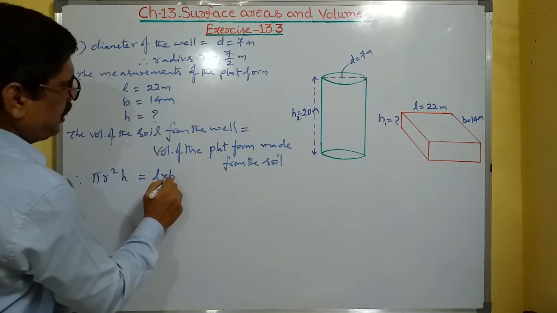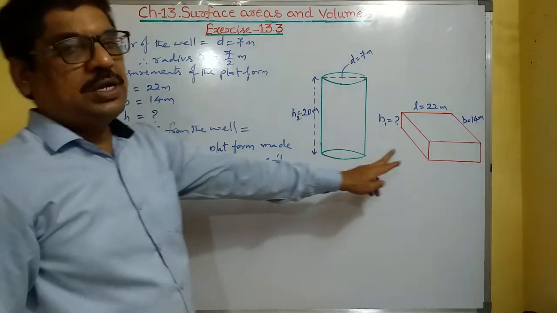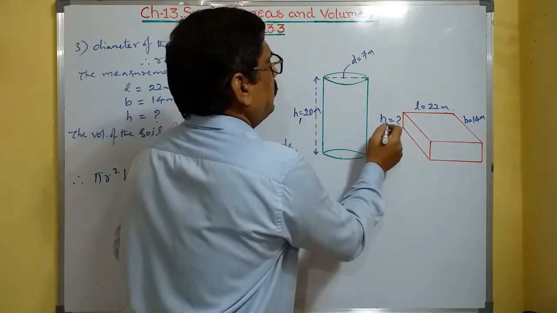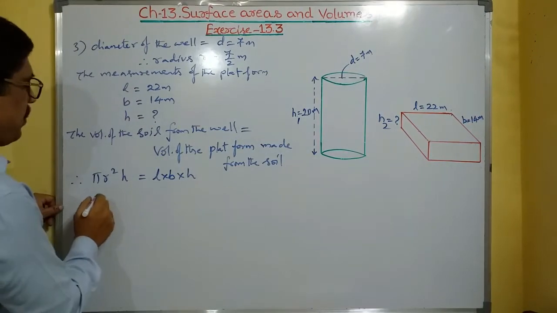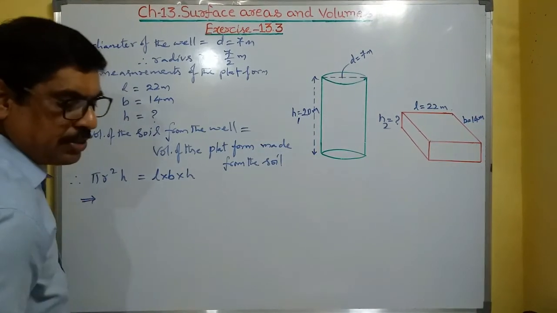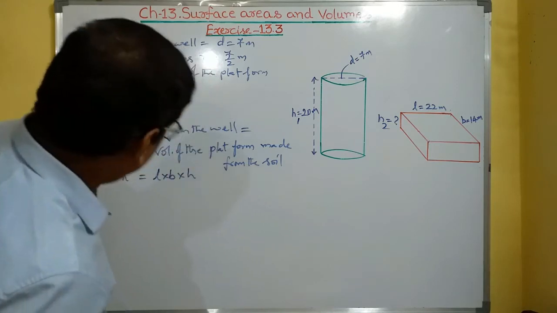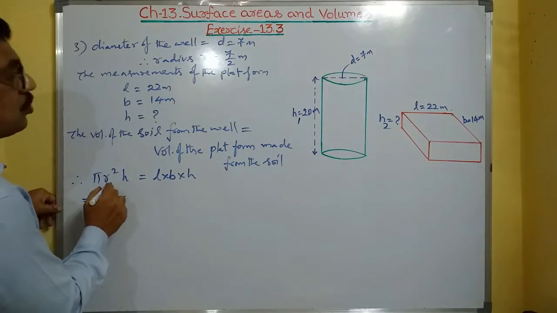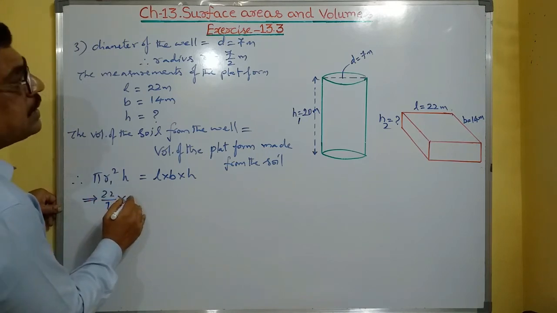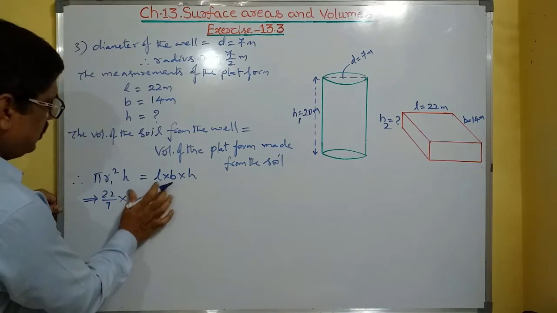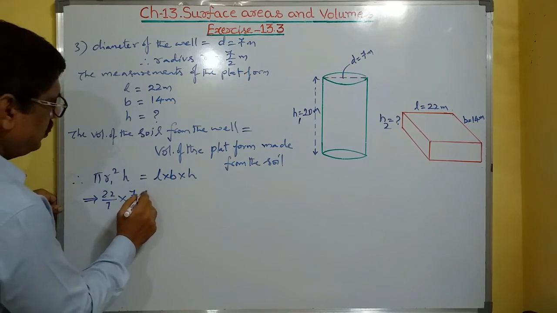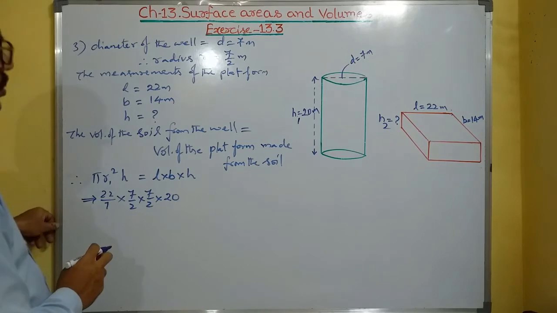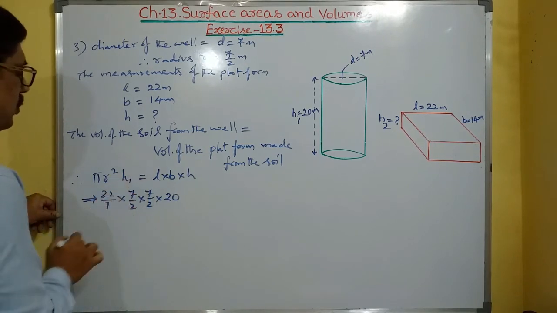Platform is L into B into H, because this is the shape of a cuboid. Let us take it as H1 and this is H2. Now, pi value can be taken as 22 by 7, into R square. That is cylinder, so R is 7 by 2 into 7 by 2. Its height is 20, sorry, this is H1.